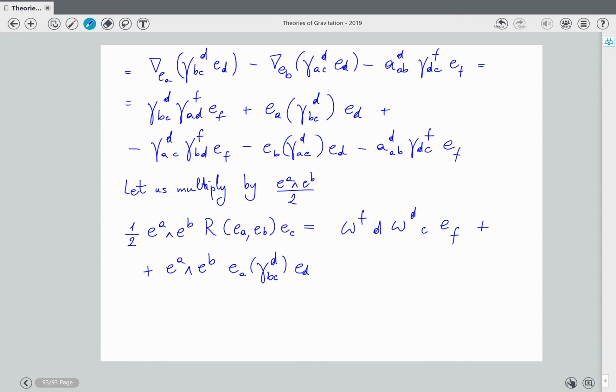And again, two contributions cancel the factor 1/2. And finally, you have minus 1/2 A, EA wedge EB, EF.